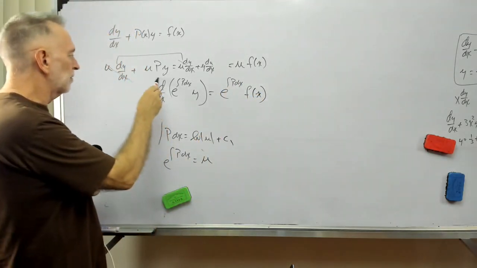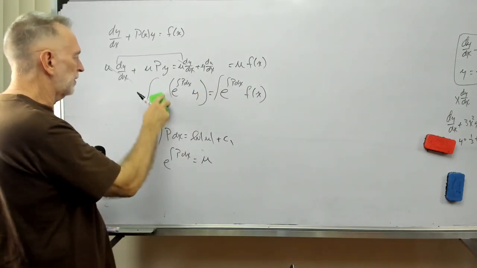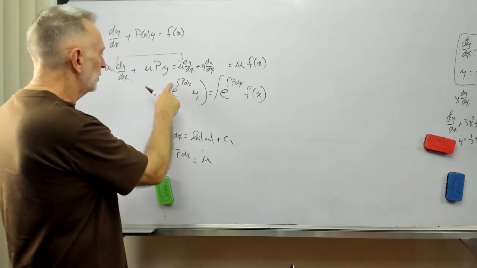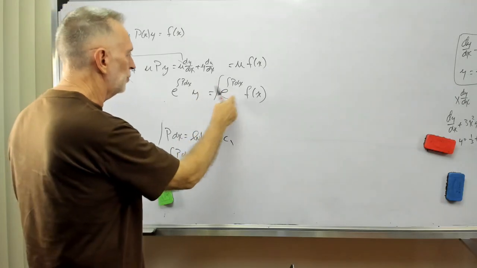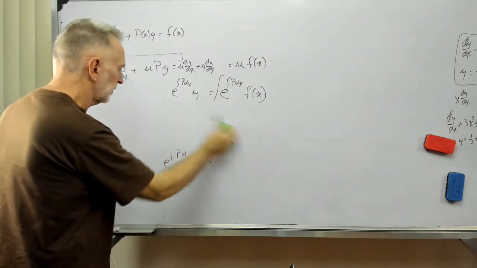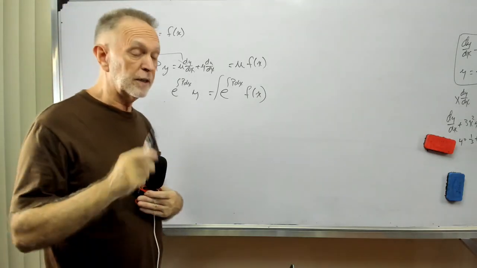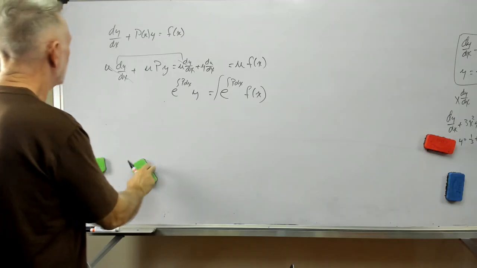Now if I integrate both sides, that derivative drops away, right? So now u y equals the integral of u f of x. That greatly simplifies working these problems. So let's work one.